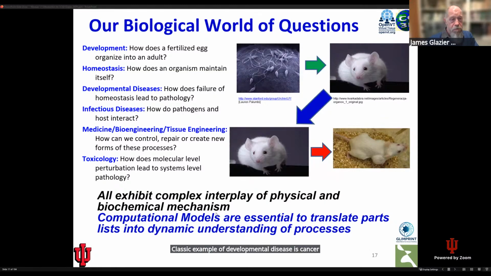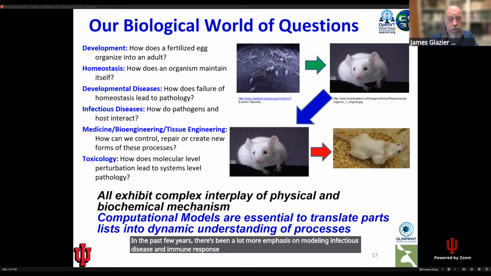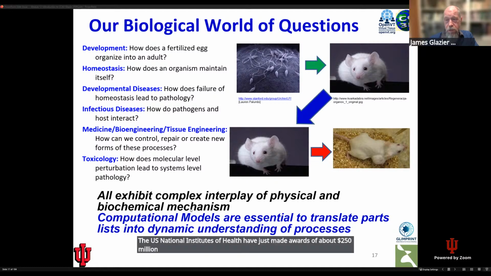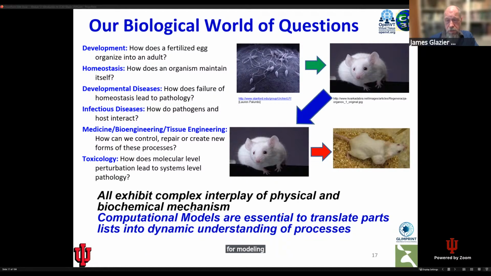In the past few years, there's been a lot more emphasis on modeling infectious disease and immune response. In fact, the U.S. National Institutes of Health have just made awards of about $250 million for modeling infectious diseases, sepsis.